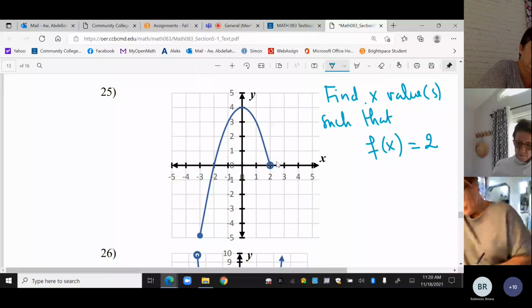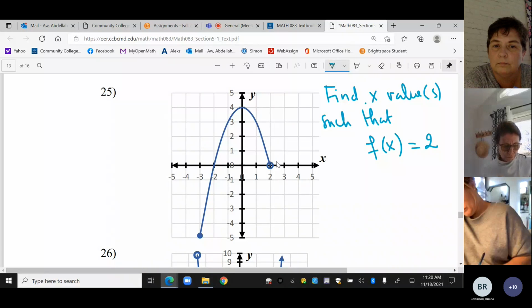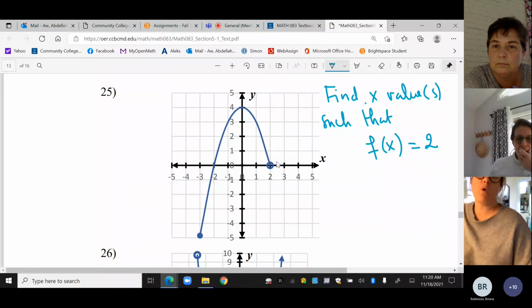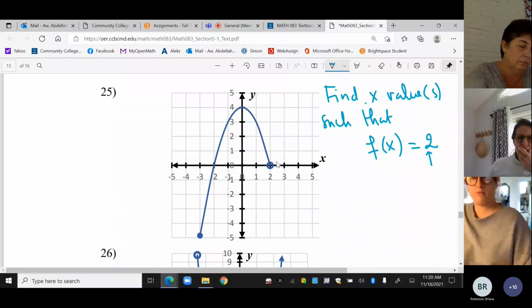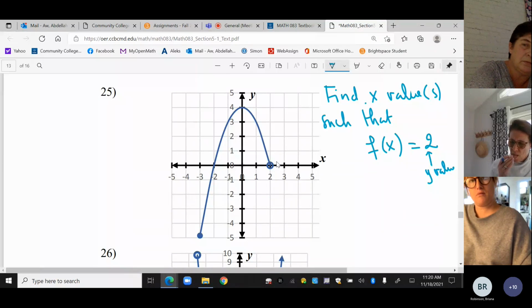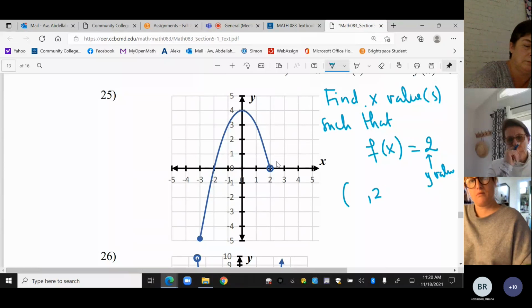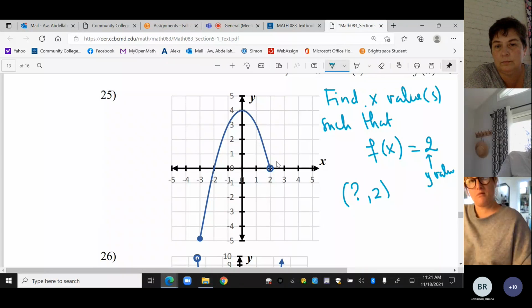Find the x values such that f of x equals 2. Now that 2 that you see here by itself, do you see it as an x value or a y value? It is a y value. Which means I have 2 here. I'm looking for the potential x's.